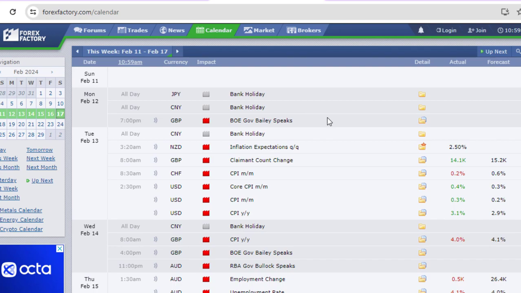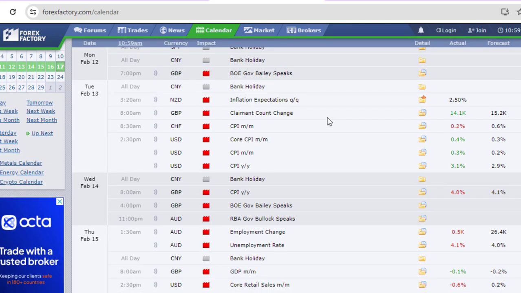One of the most interesting news we had this week was on Tuesday, the CPI data from the United States. This data was very, very good for the US dollar. If you look at EUR/USD, GBP/USD, and USD/JPY, all was in favor of the US dollar because of this news.